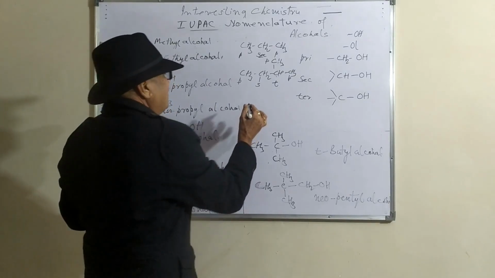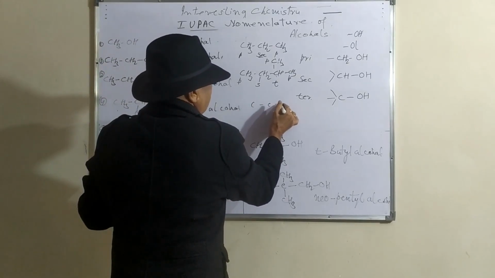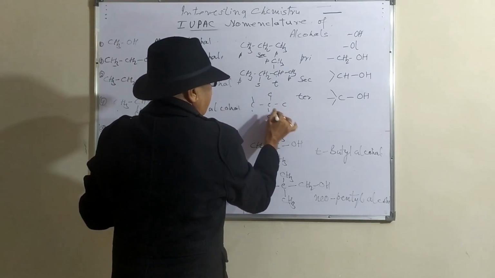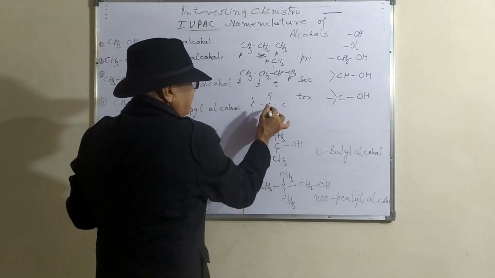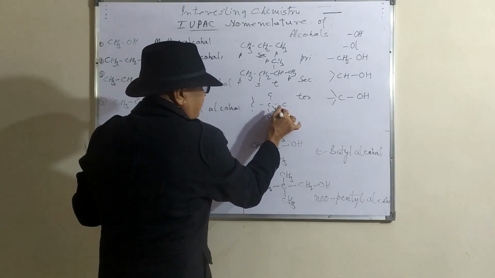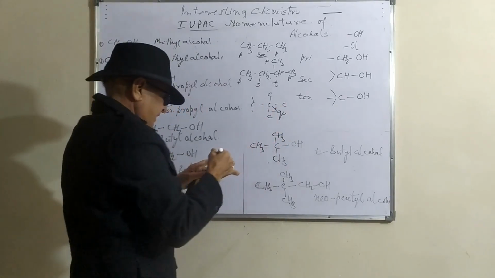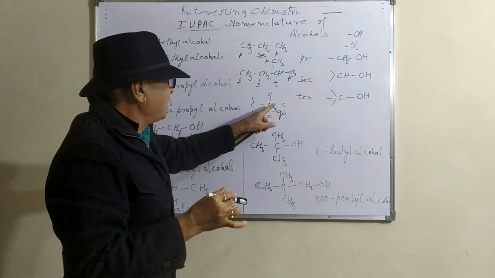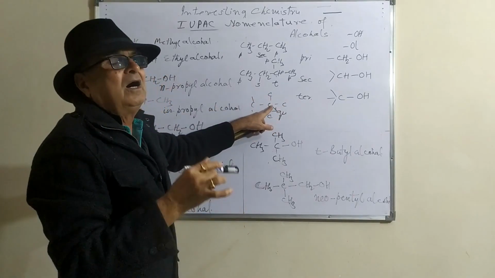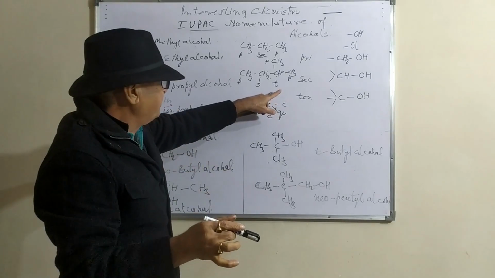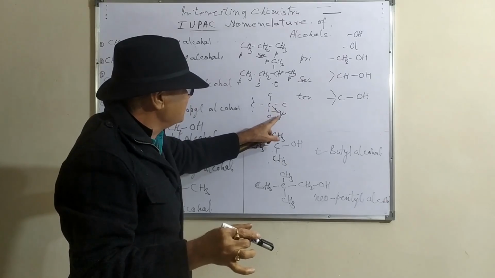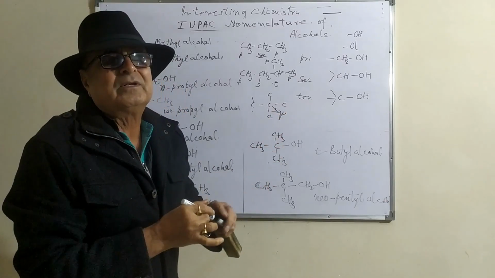Now the fourth carbon: when all four valencies of the carbon are occupied by four different carbon atoms, then the carbon will be known as quaternary carbon atom.